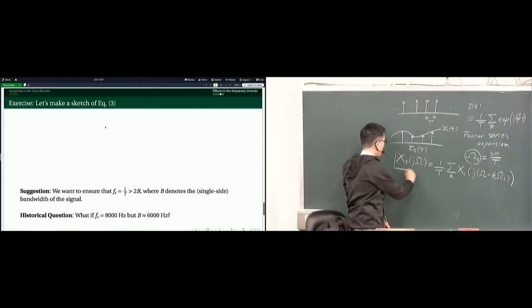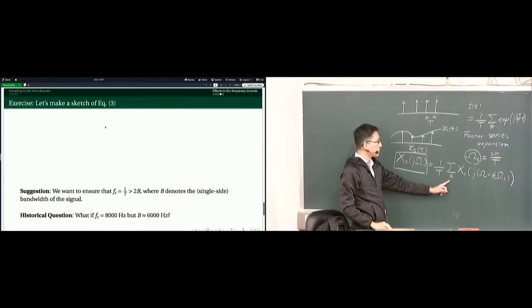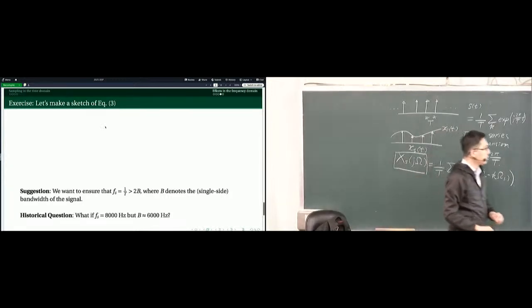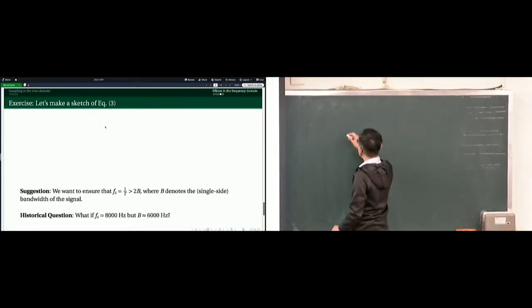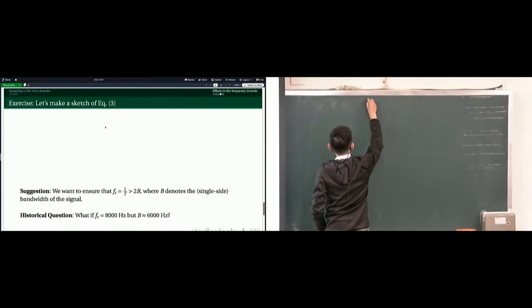Now we know that its spectrum should have this expression, with a summation: shifting to the right and to the left, and the copies will also overlap. They overlap and add. So let's draw a few sketches.